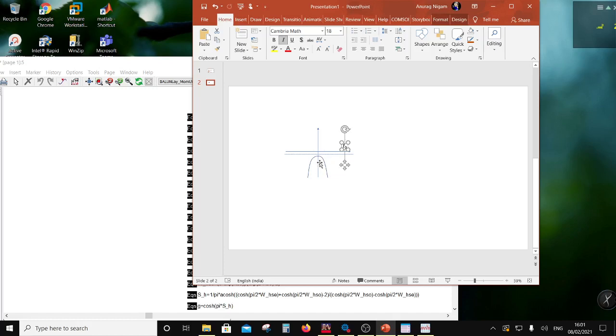I am looking at the center frequency FC, right? So basically this is your center frequency FC, correct? And then on this axis I have got attenuation in dB.